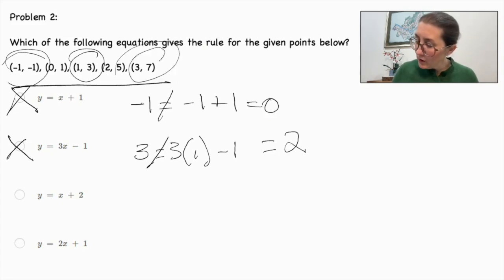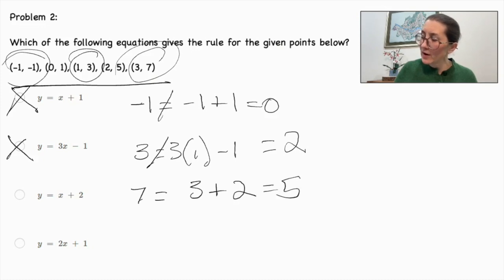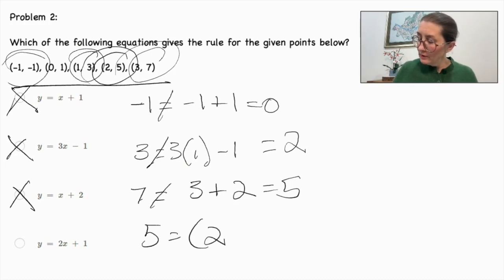Let's look at this for our next one. y is 7, which is equal to 3 plus 2, which is equal to 5. So that is not the correct answer either. Finally, let's try that one. 5 equals 2 times 2 plus 1, which is equal to 5.